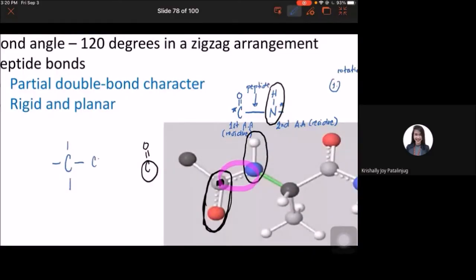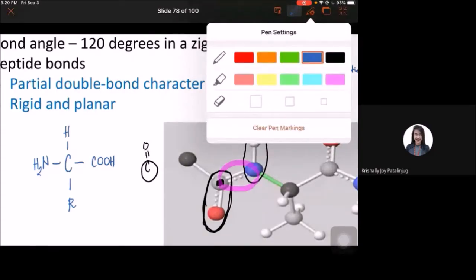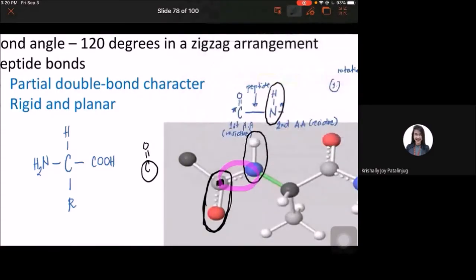It has a carboxyl group and an amino group. That is the structure of an amino acid. The rotational bonds in the peptide chain are these, the bonds that surround the alpha carbon.